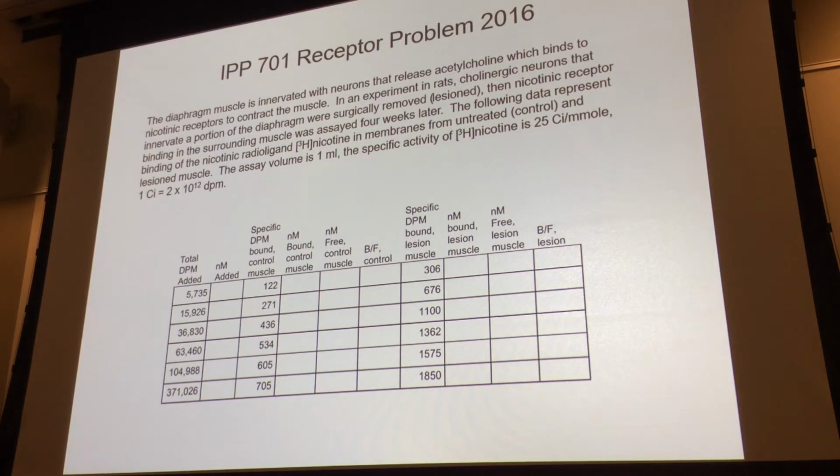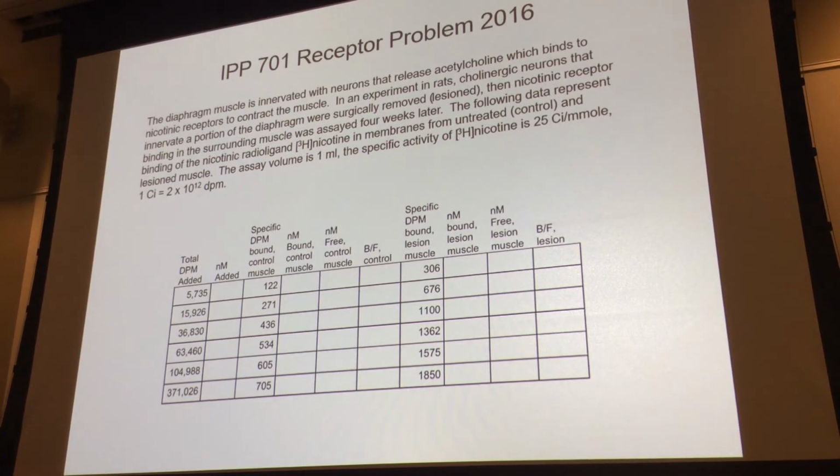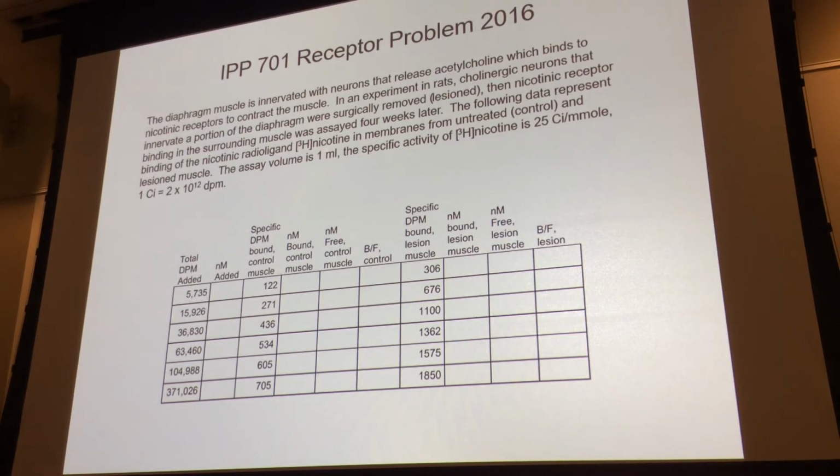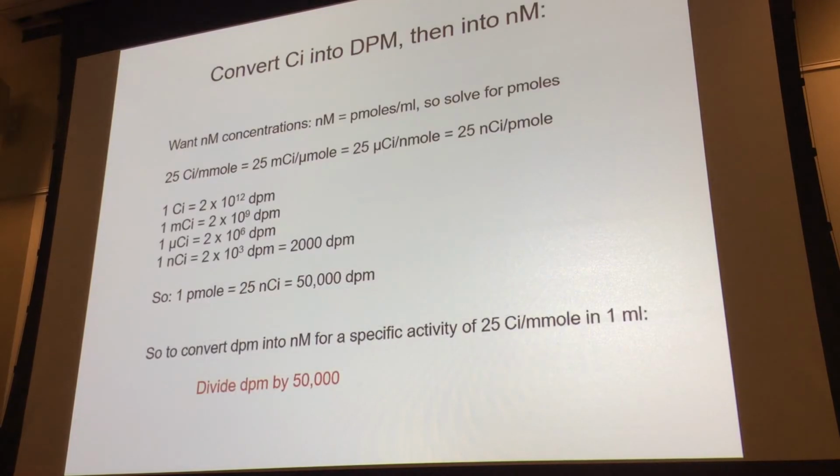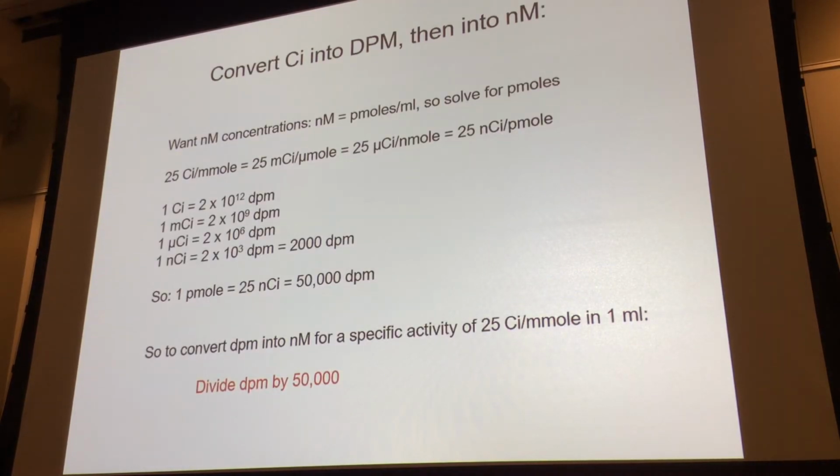Remember, we had diaphragm tissue that was lesioned, and we assayed tritiated nicotine binding in both the control and the lesion muscles. So the first thing you need to do is to convert the curies into DPMs, and then convert the DPMs into concentrations, in this case nanomolar.